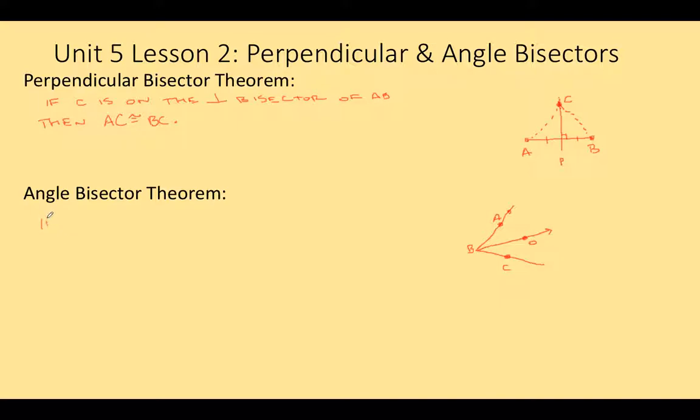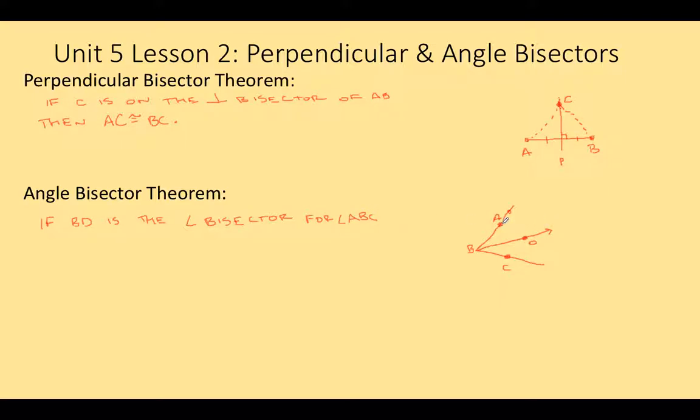So we'll say if BD is the angle bisector for angle ABC, but there's more.